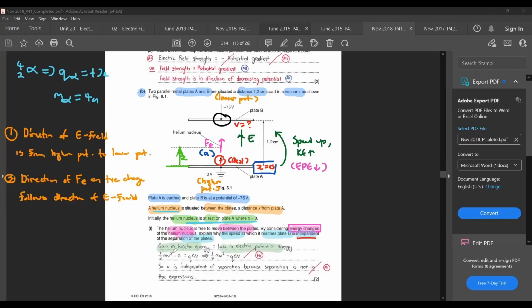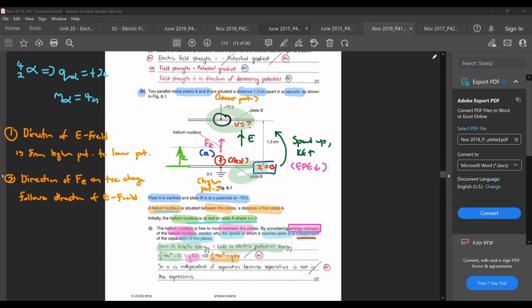My gain in kinetic energy is just half mv squared minus 0. The half mv squared is from the top part here, and the 0 is from the bottom part because it's at rest. Your loss in electric potential energy is just Q delta V. Eventually, you get half mv squared equals Q delta V.